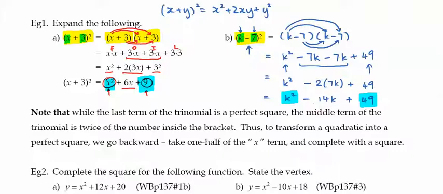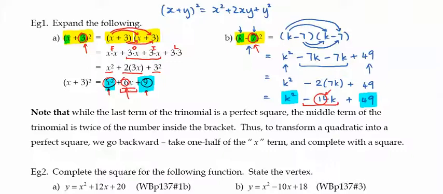The middle term that you see will always be twice as much as the number here or there. If you are working with 7, we end up with 14. If the perfect square comes with a 3, we end up getting a 6.